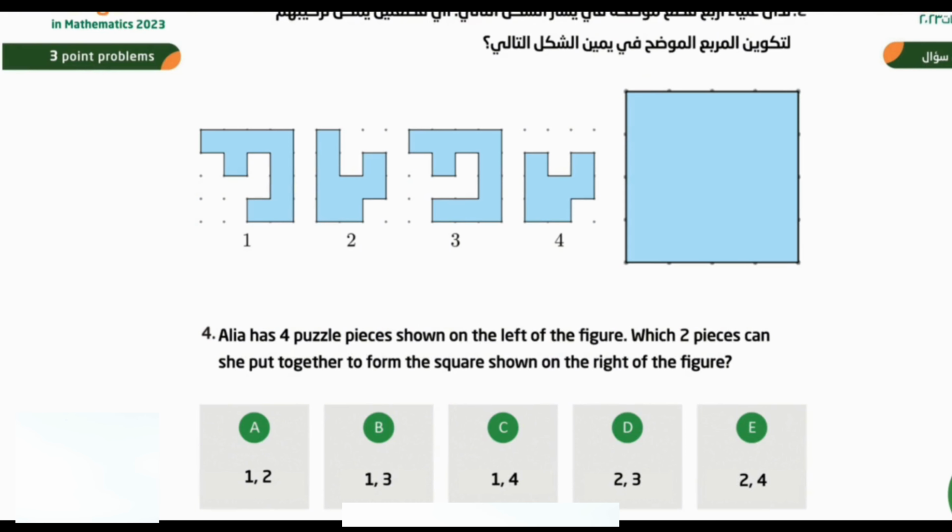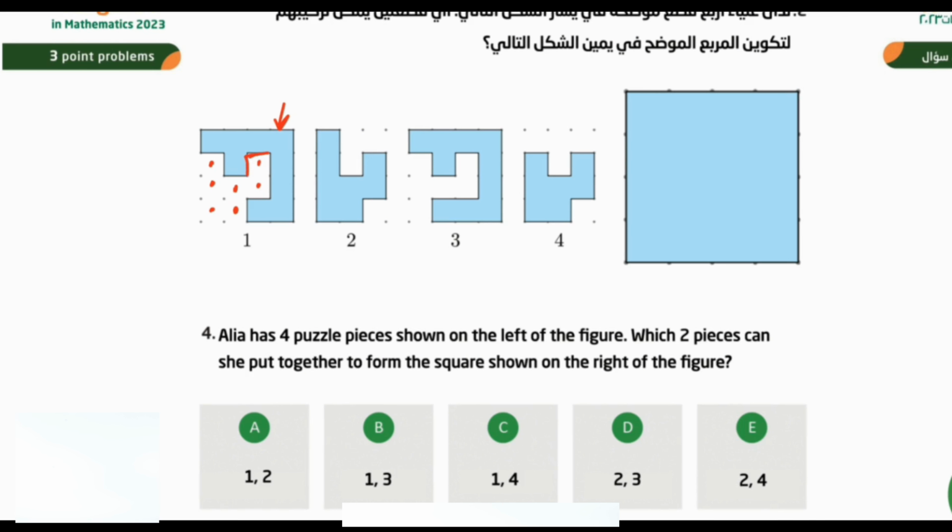Okay, now in question number 4, Alia has 4 puzzle pieces shown on the left of the figure. Which 2 pieces can she put together to form the square shown on the right of the figure? Okay, so if we look at the first one here, this piece, we have here 2 squares, and we have here 2 squares, and we have here 3 squares.